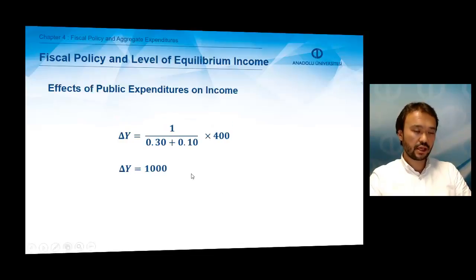For example, when there is a 400 Turkish lira public expenditure in the economy, there is an increase in income of 1,000 Turkish lira. So it means a 2.5 times increase in income.